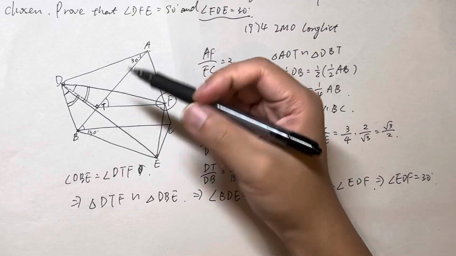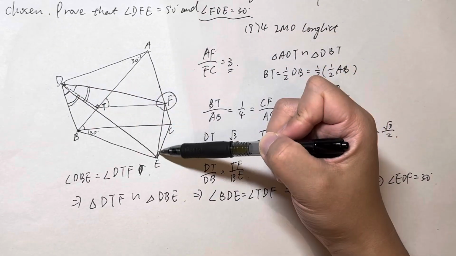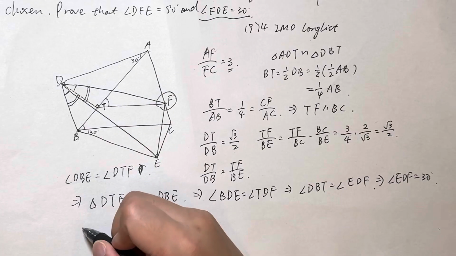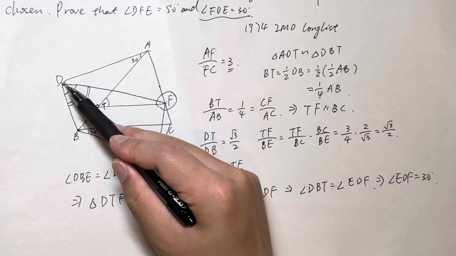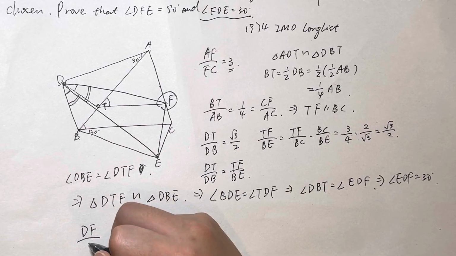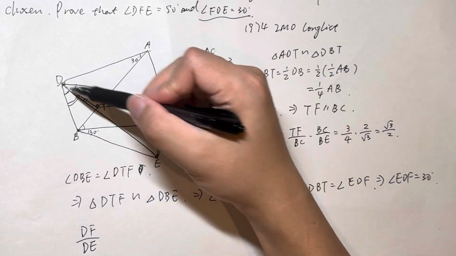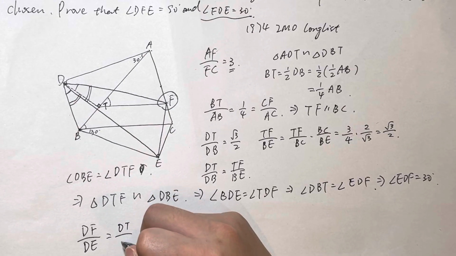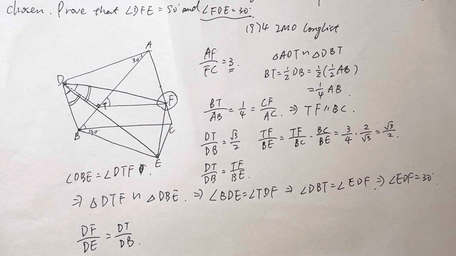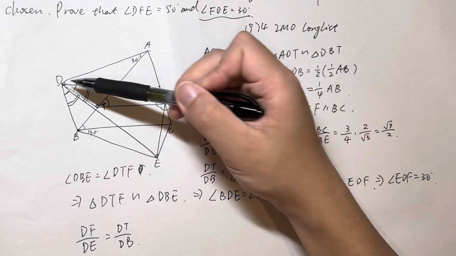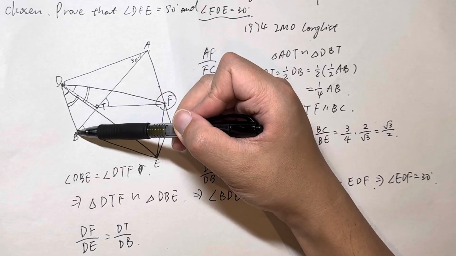Now the question is, how can we prove angle DFE is 90 degrees? Look at what we get here. We know that triangle DTF is similar to triangle DBE. So DF to DE equals DT to DB.